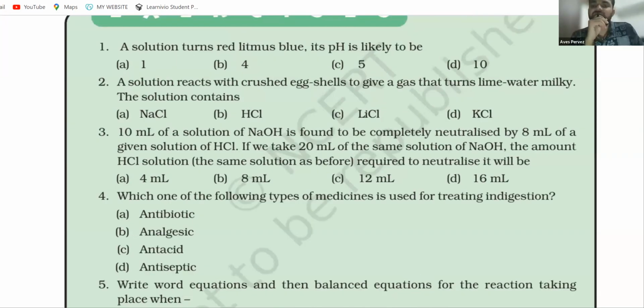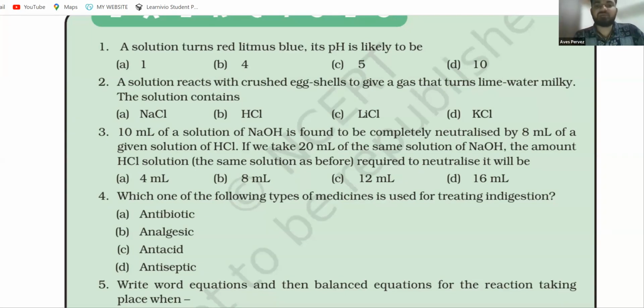Question number 2, which is the correct answer? A solution reacts with crushed eggshell to give a gas. It is an acid, because others are not acids. HCl. And crushed eggshell is calcium carbonate.